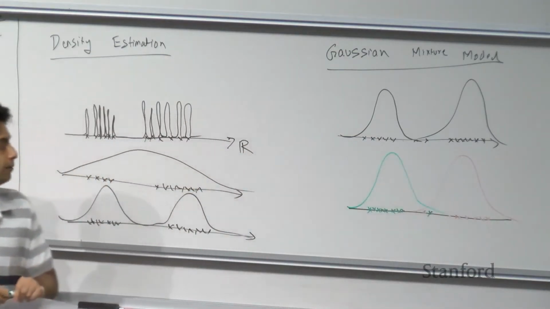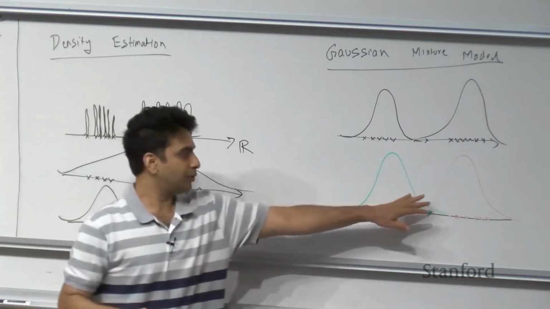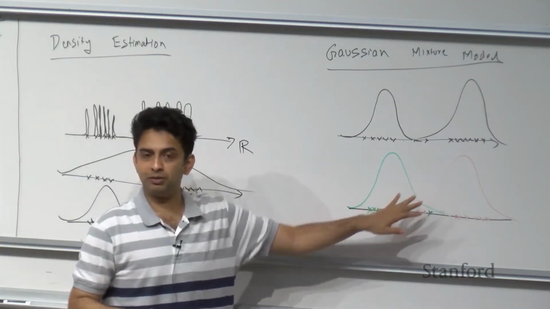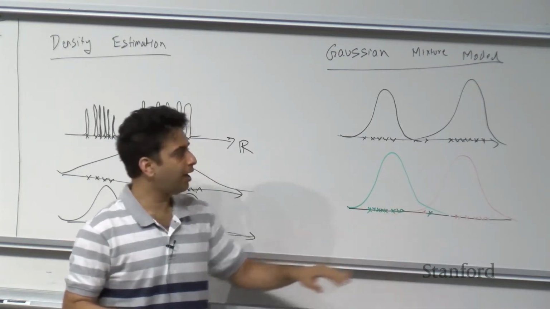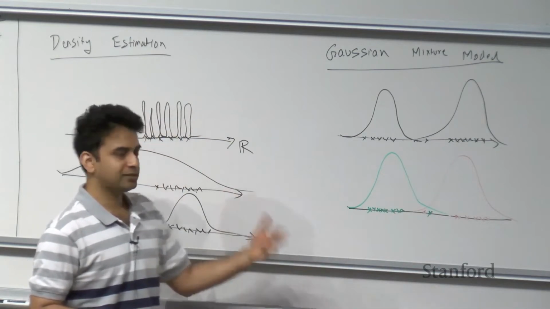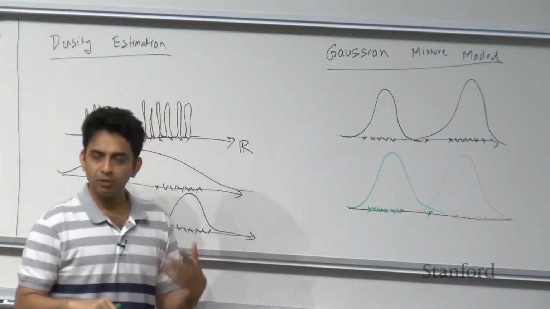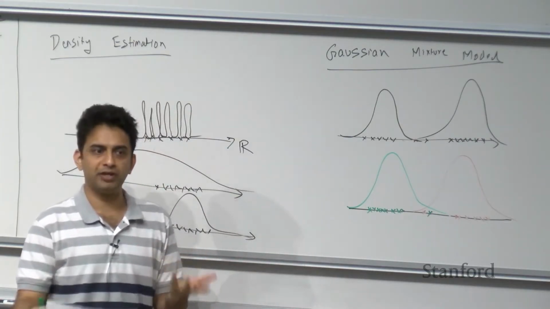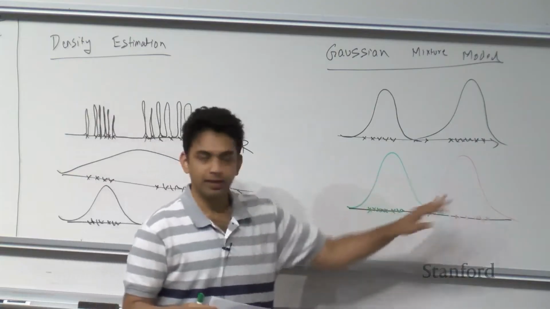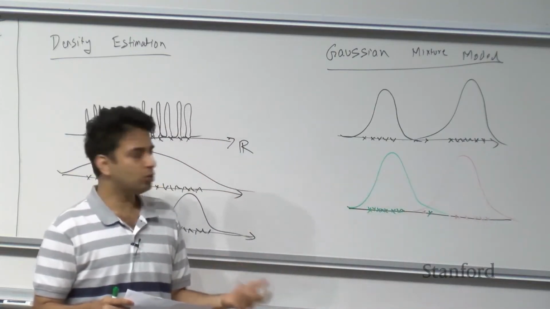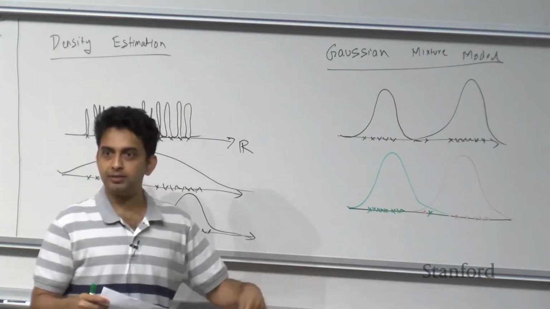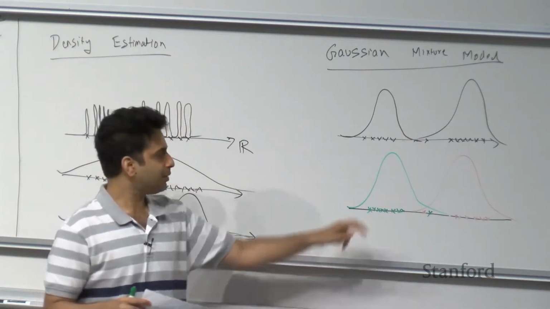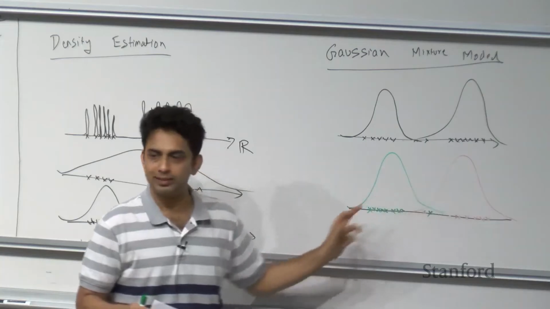Okay. And this is exactly what we did in, do any of you remember where we did something like this? GDA, exactly. So in GDA, we were told that X's are sampled from Gaussians, and there are these two different classes, class 1 and class 2. Right? And our goal was to take these X's along with their cluster identities, the corresponding Y's, and estimate the mu's and sigmas for the two classes.